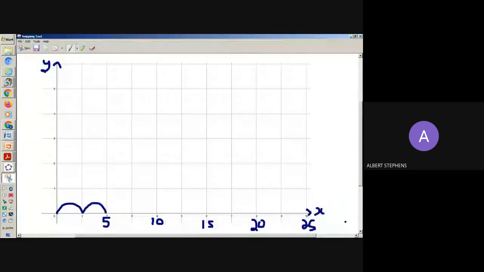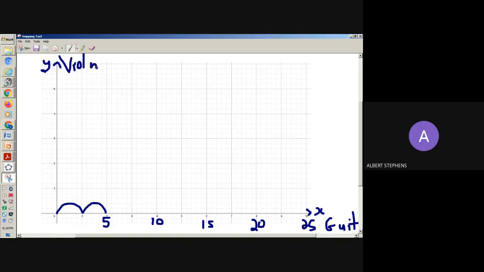So this will be guitars. And Y will be violins. Let's use just V for violins.